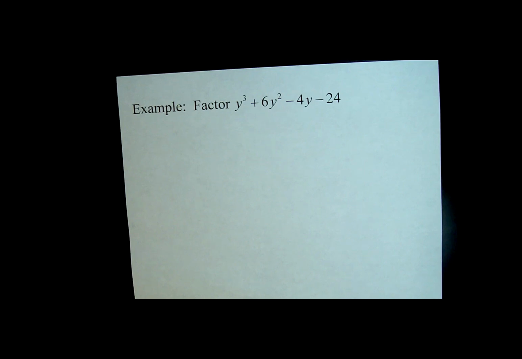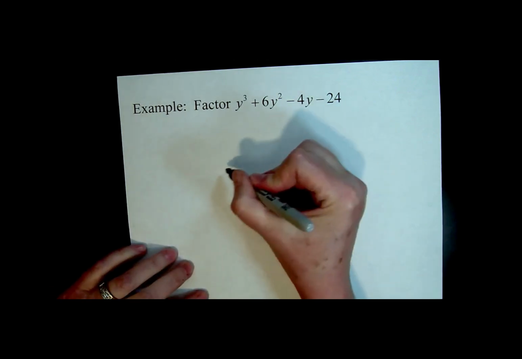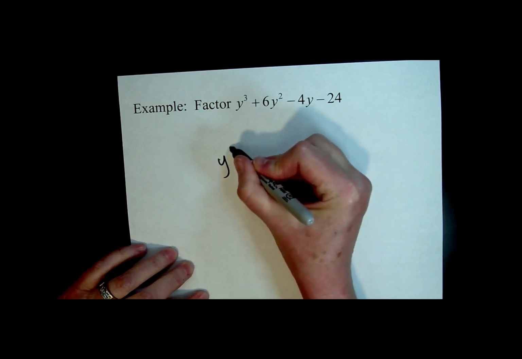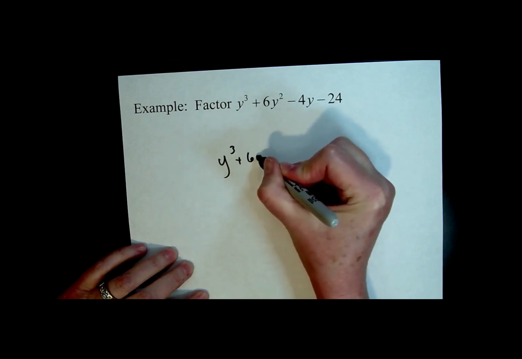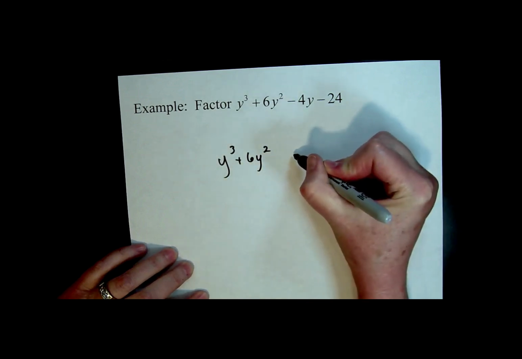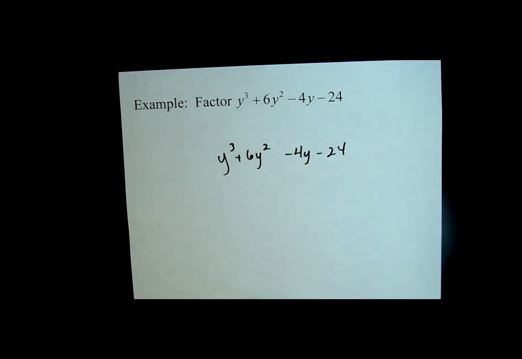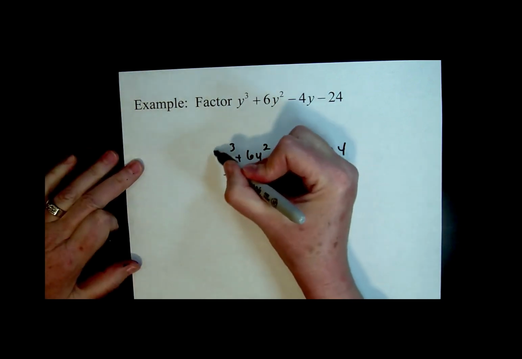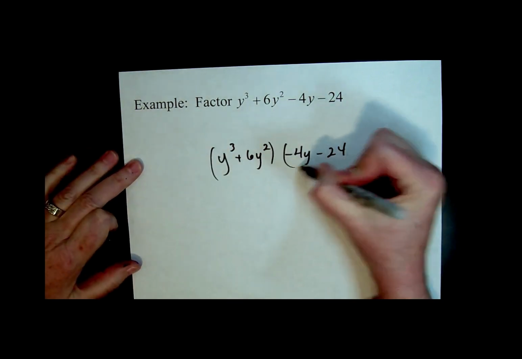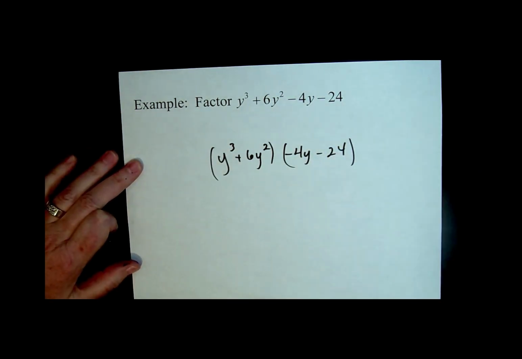Now be a little careful here. A lot of times what I see people do, and this is another issue with parentheses, is I'm going to rewrite the polynomial. A lot of times what I see people do is make groups like this to do their grouping.